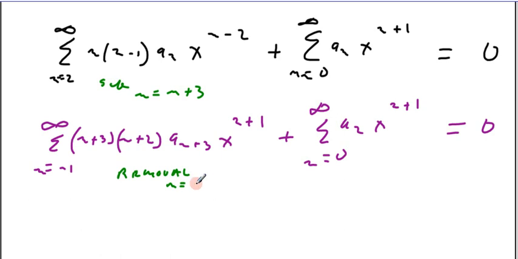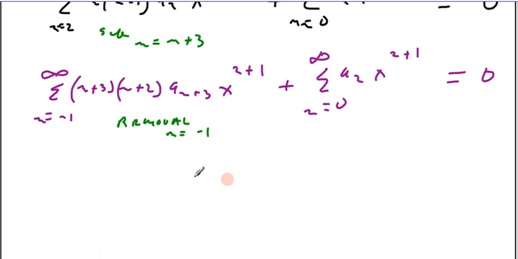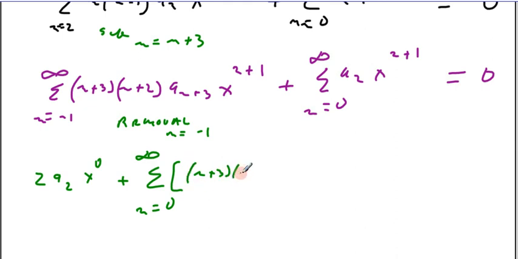Okay, I got 2 times 1 times a2, so I got 2 a2 x to the 0, plus summation n equals 0 to infinity, n plus 3, n plus 2, a_(n+3) plus a_n x to the n plus 1 is equal to 0.